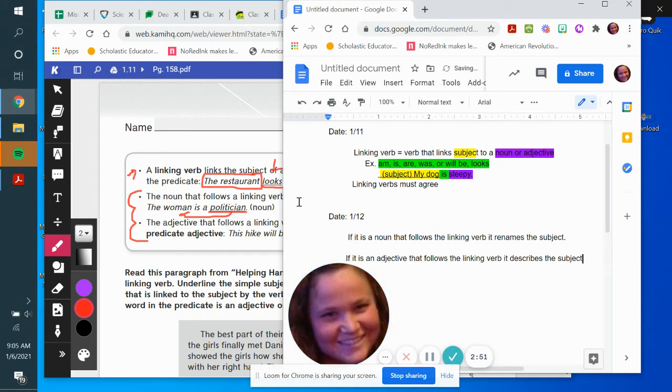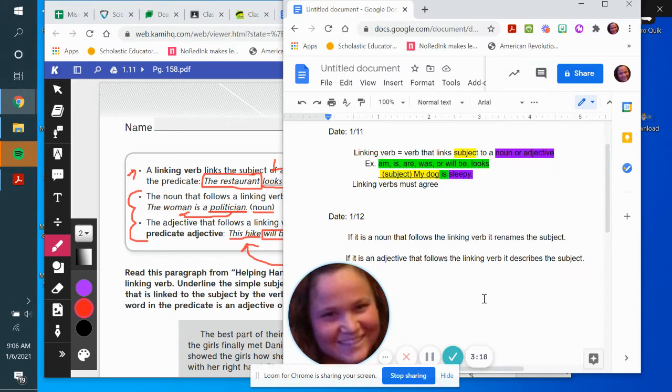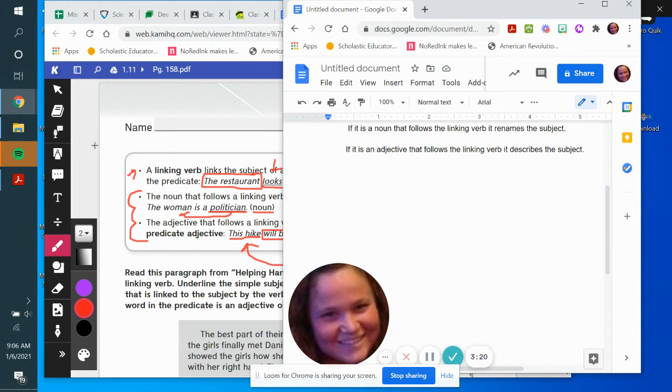So an example of that is the hike, that's our subject, will be is our linking verb, and then difficult is what the hike is. We're describing the hike. So when we use an adjective, we're describing. When we use a noun, we're renaming. Okay, so those are all the notes that we're actually going to take for today. Nice and easy.